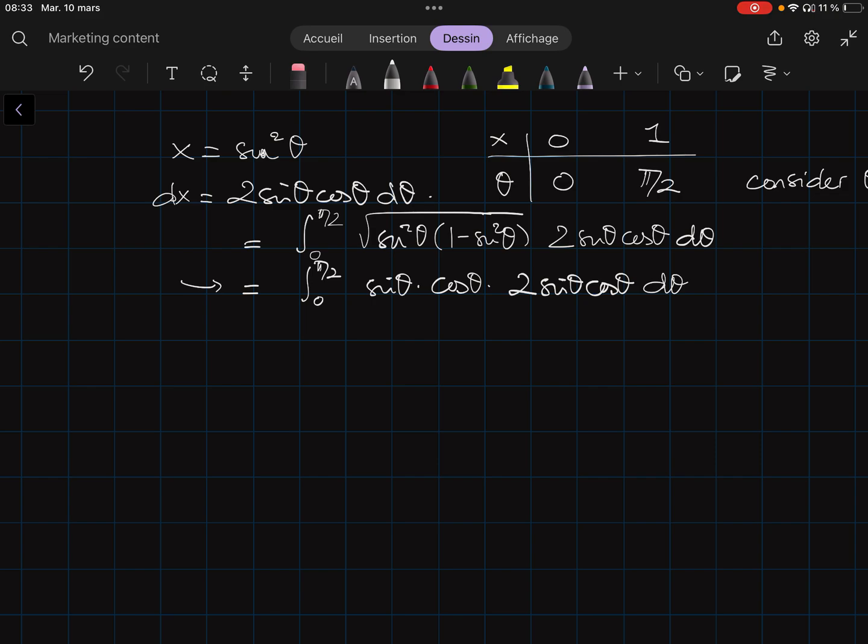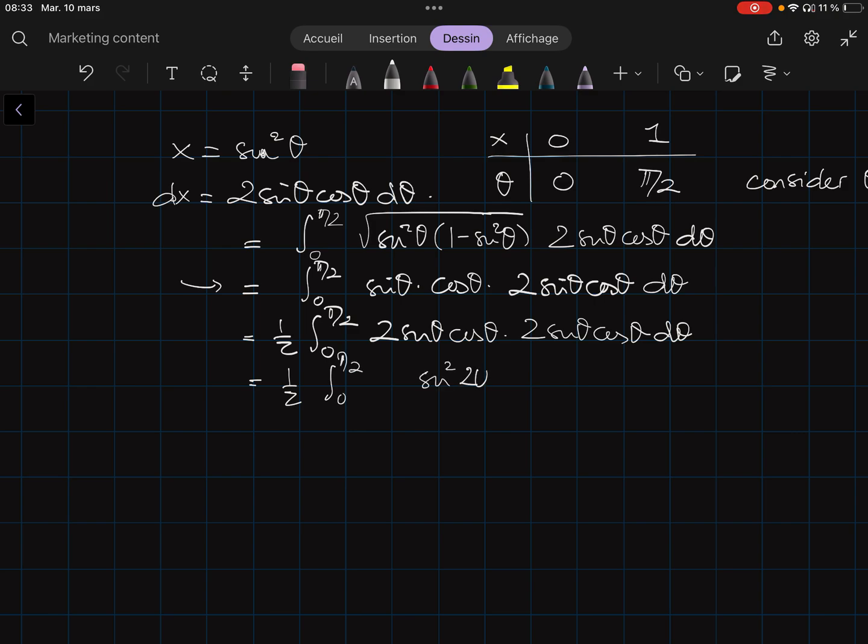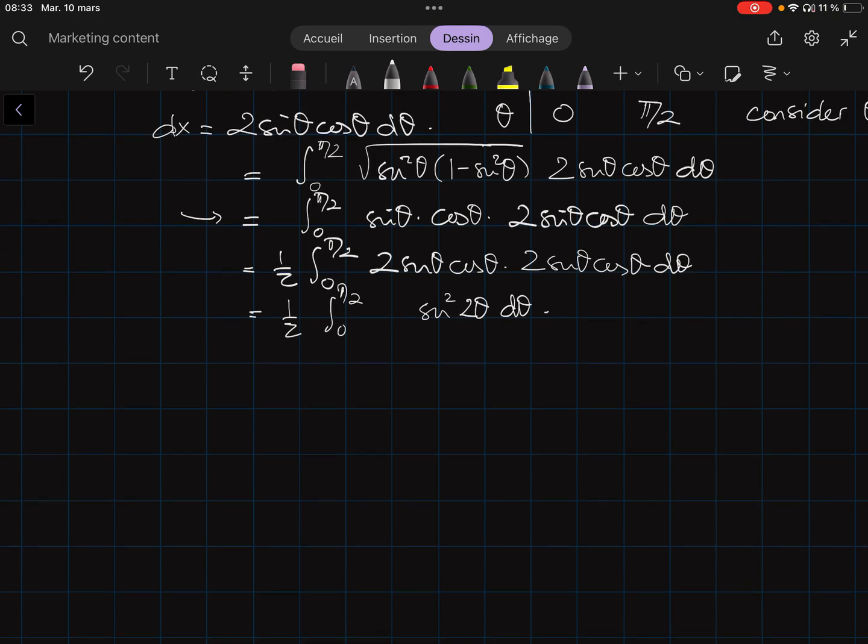I don't really like what I'm seeing right now. It is looking too convoluted. So I am going to multiply the entire integrand by 2 and then divide by 2. And I am doing this because this will simplify it to sine squared of 2 theta. This now becomes a very basic integral.